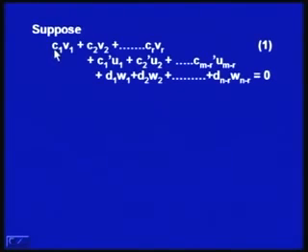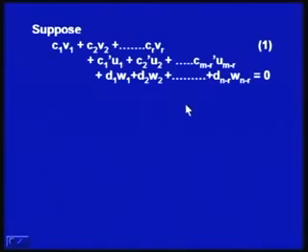For this we consider the linear combination of these vectors. The combination is c1 v1 plus c2 v2 plus up to cr vr, plus c1 dash u1 plus c2 dash u2 plus up to cm minus r dash um minus r, plus d1 w1 plus d2 w2, and the last is dn minus r wn minus r, equal to 0.